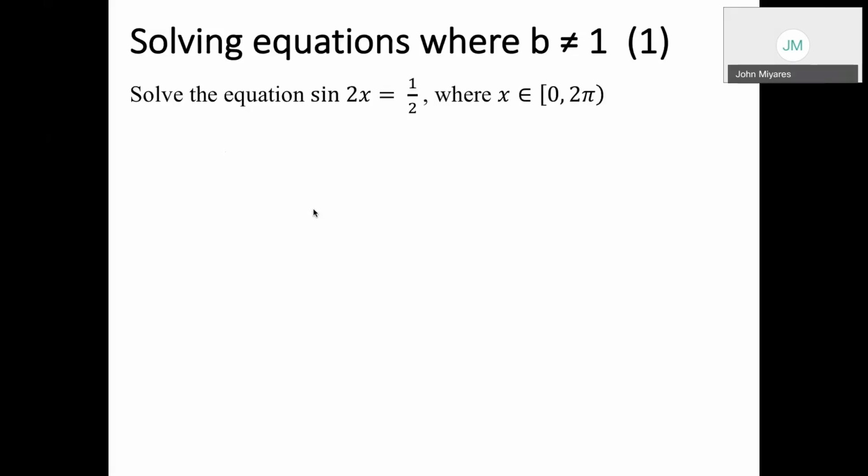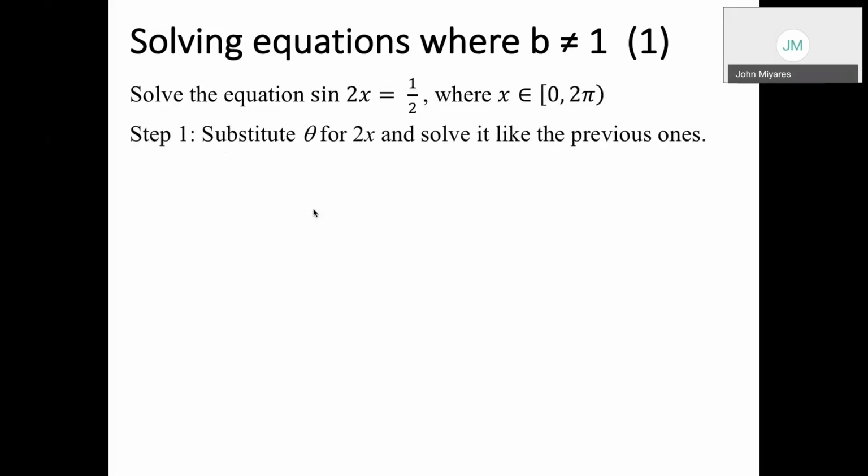Our first step is to substitute theta for 2x and try to solve it like it was one from earlier in this lesson. So if we had written it as the sine of theta equals 1/2, we've done this problem already a few times. We would first take the inverse sine of 1/2, which will get you 30 degrees or pi over 6 radians.